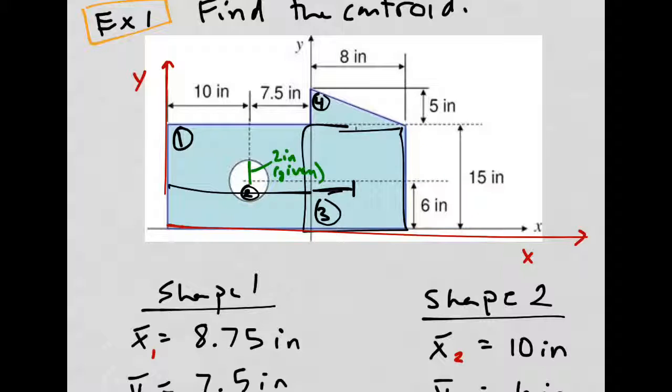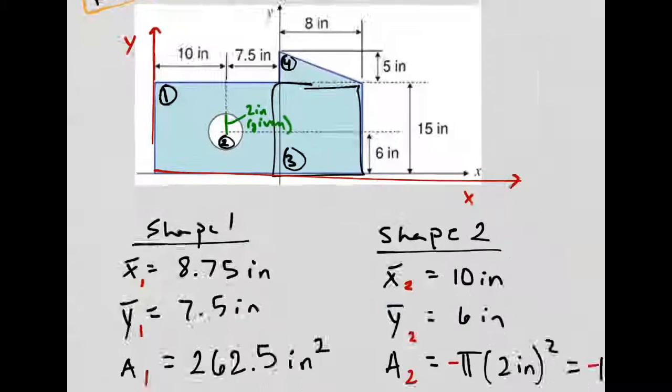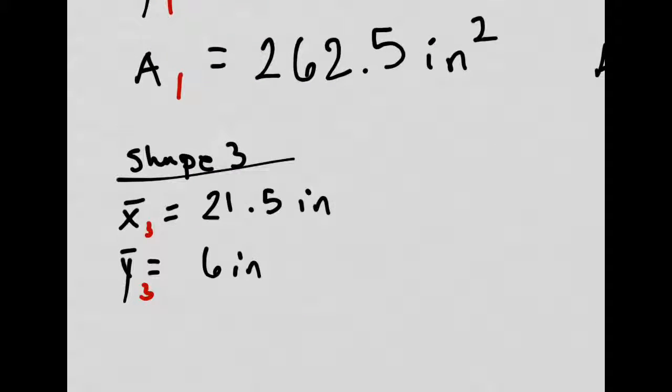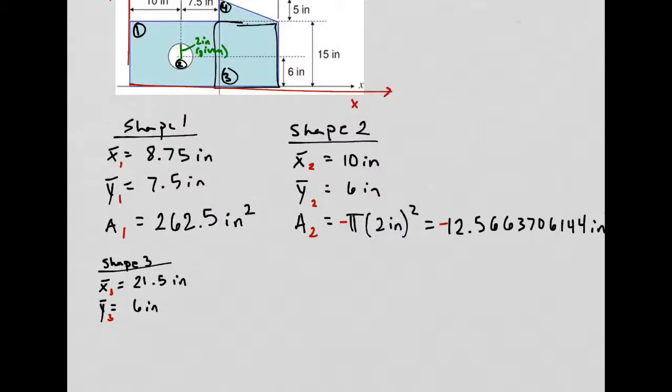Because it's the distance to the reference axes. So what I have to do is find half of this distance. The whole thing is 8 inches, so this distance is 4 inches. 4 plus 17.5, that's my x bar. So 21.5 is my x bar.